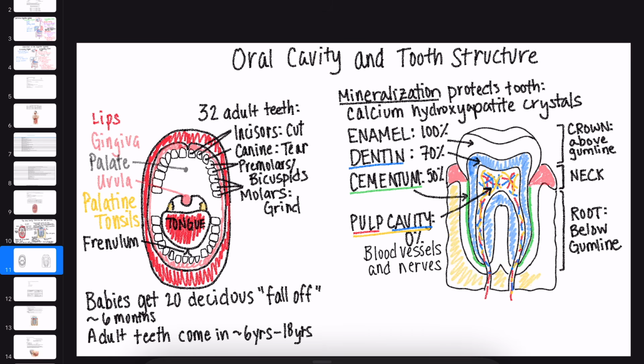The teeth fit into the mandible and the maxilla in what are called alveolar sockets, so the mandible and the maxilla, that's your lower jaw and your upper jaw.